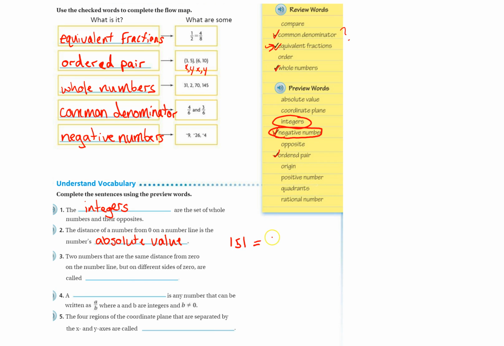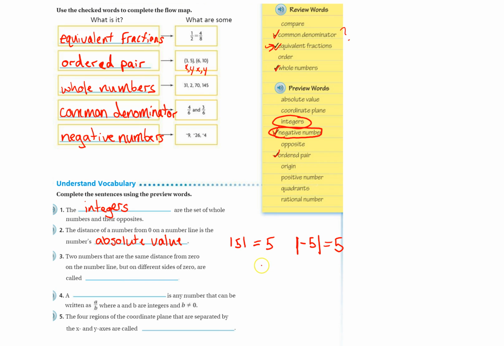And you would say the absolute value of this is 5, because it's 5 away from 0 on the number line. You may also have a problem that looks like this. Again, it has now a negative 5 inside, but it is still 5 away from 0 on the number line. So it would be written still as the absolute value of negative 5 is still 5.